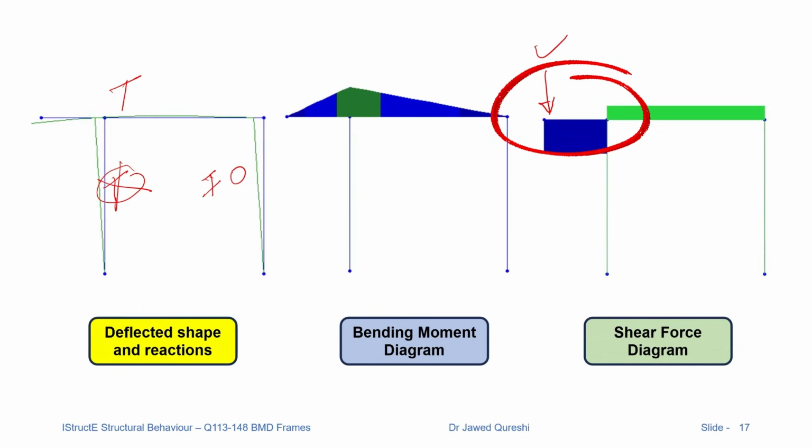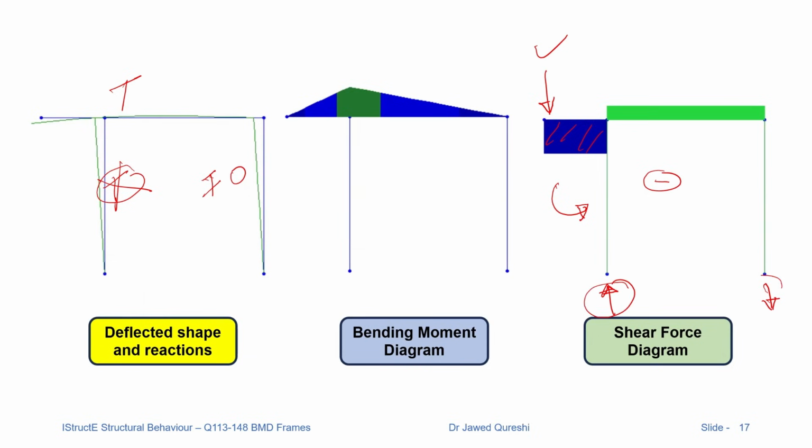We have a vertical load applied, so the reaction at this point at the left column will be upwards, and the reaction at the right column should be downwards. And if you follow these two reactions, this is anti-clockwise. So anti-clockwise is drawn on the negative side, which is the inside. So that's why we have negative shear force here.